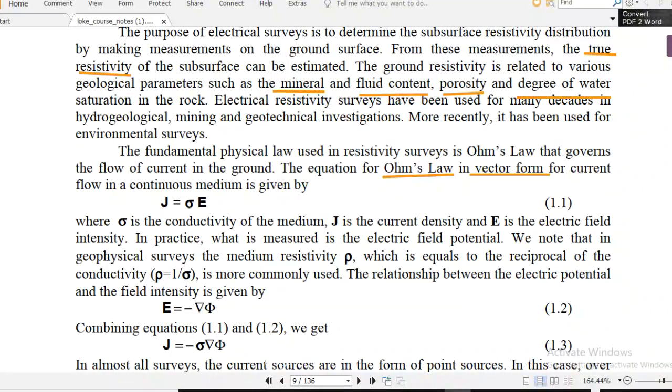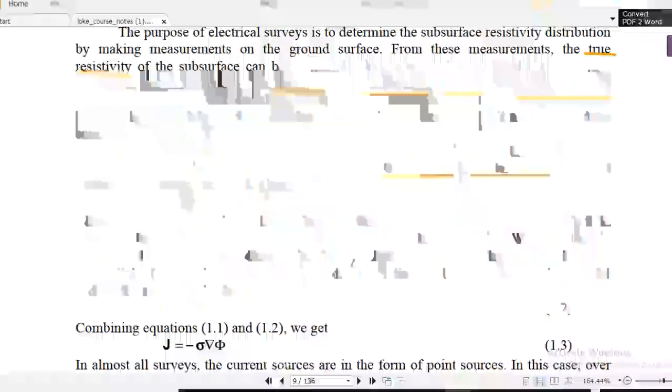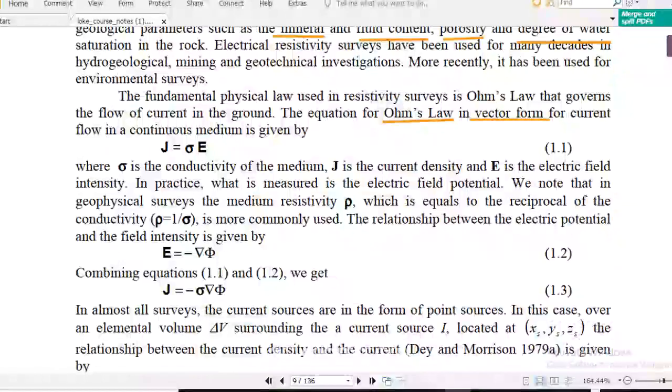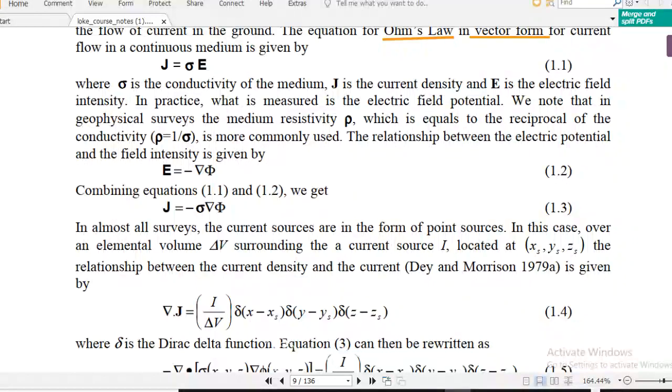Combining 1.1 and 1.2, instead of E, we insert the grad of phi. The gradient of electric potential gives us the electrical field intensity, so we can substitute like this.